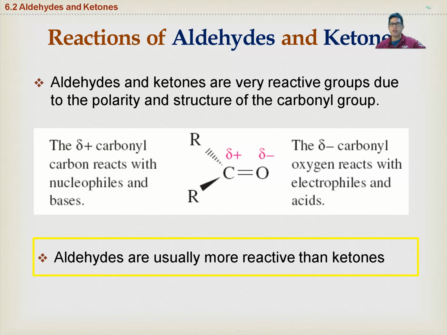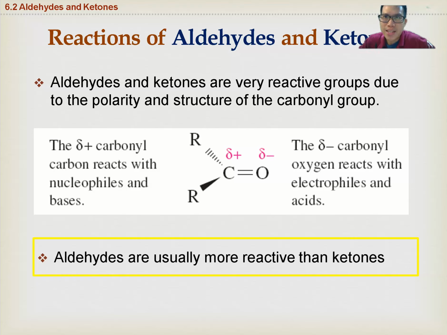But when comparing the reactivity between aldehydes and ketones, aldehydes are more reactive than ketones. The reason is the location of the carbonyl group. In the aldehyde, the carbonyl group is located at the end of the molecule, so it's more accessible compared to a carbonyl group located somewhere in the middle of the molecule.